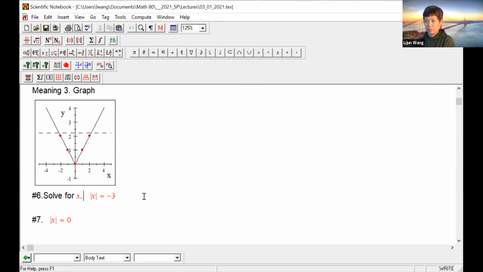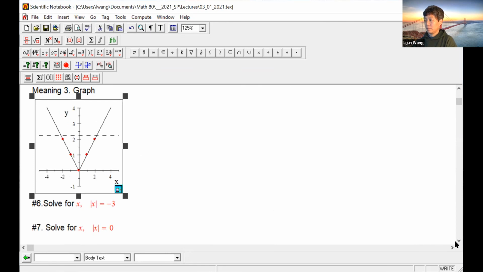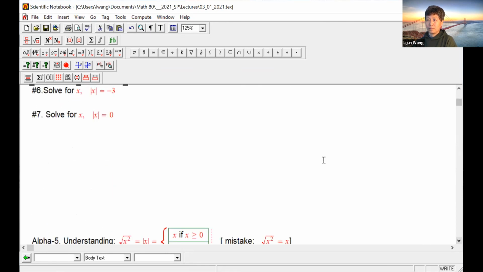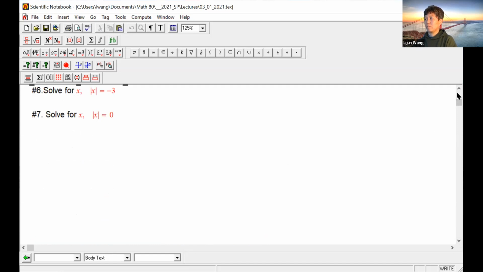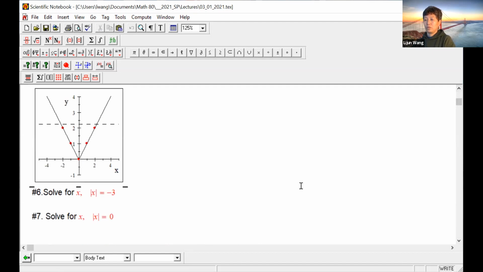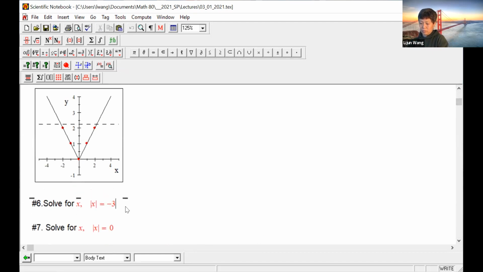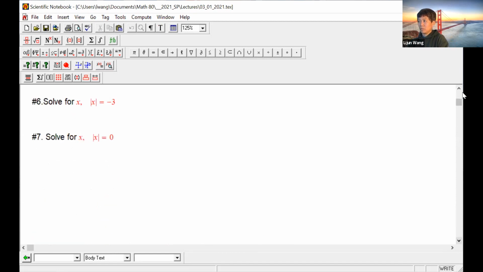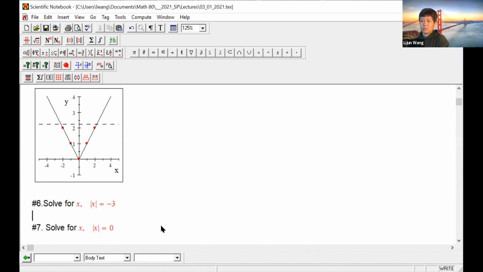Solve for x. I'm going to give you a couple minutes. Reflect on the 3 meanings.